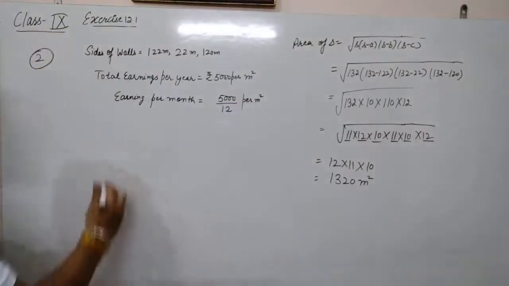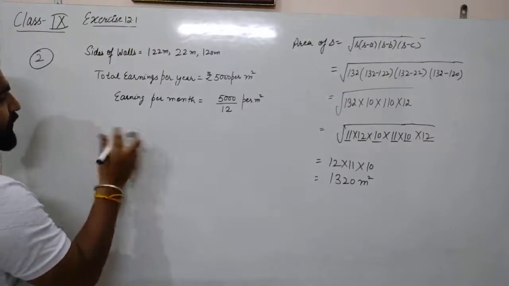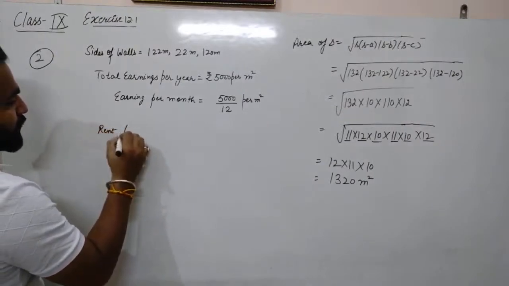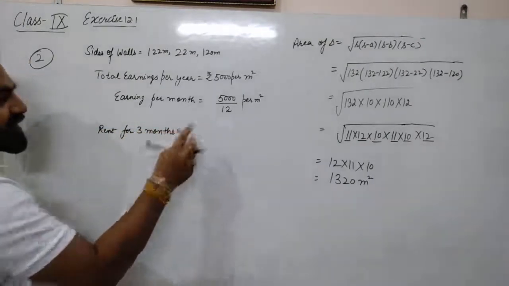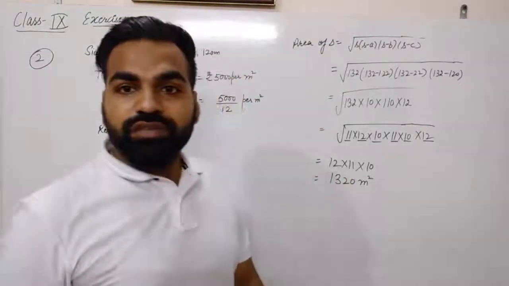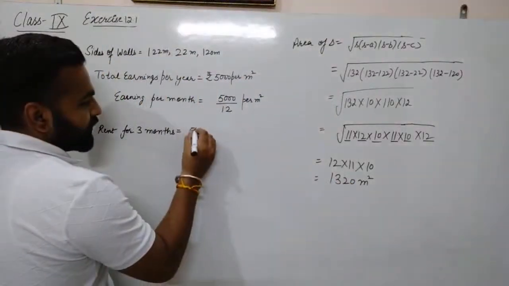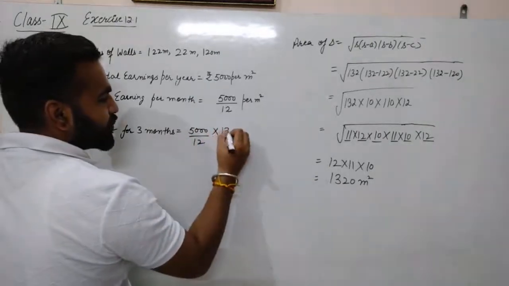Now we have to calculate earnings, or we can say rent, for 3 months. For how much area? This was per meter square, but we have to pay for 1320 meter square. So this will be equal to 5,000 by 12 into 1320.